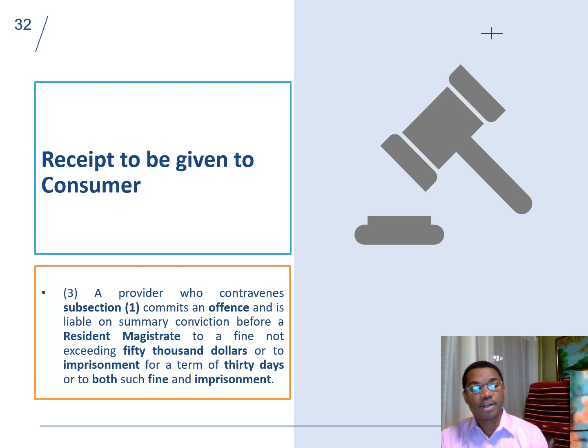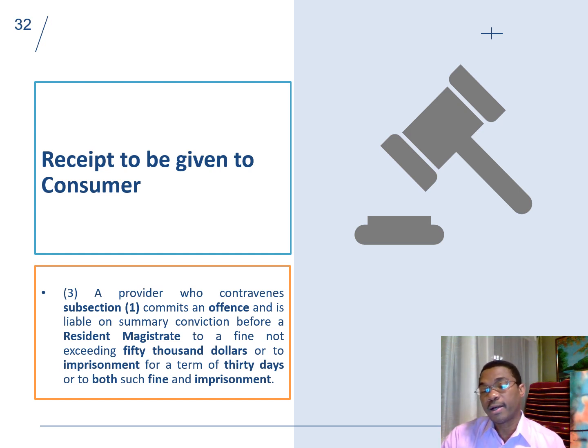So subsection 3 goes on to make it clear that if no receipt is forthcoming, then this is an offense, and on summary conviction before a parish judge, the fine will not exceed $50,000, but then there is a term of imprisonment for 30 days, and you can either be fined or you can be fined and confined.